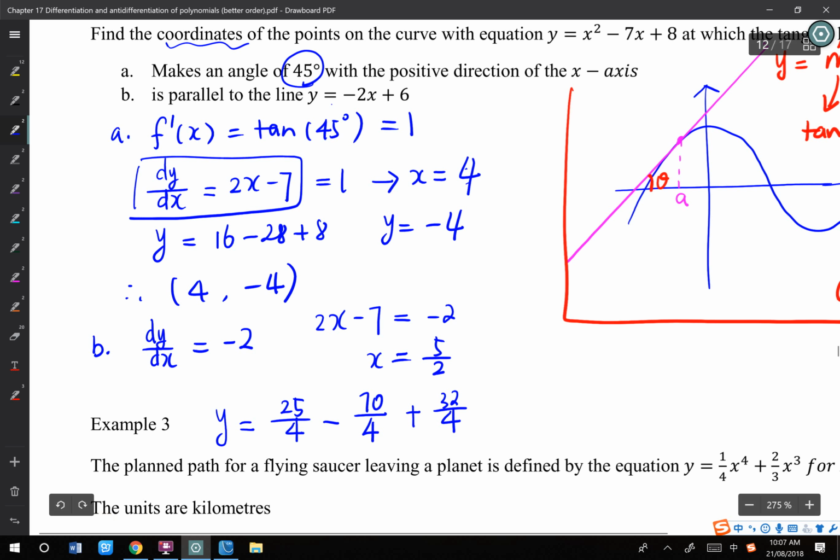So that's 57 minus 70, that's minus 13 over 4. So the coordinates are (5/2, -13/4). I hope I haven't calculated wrong.